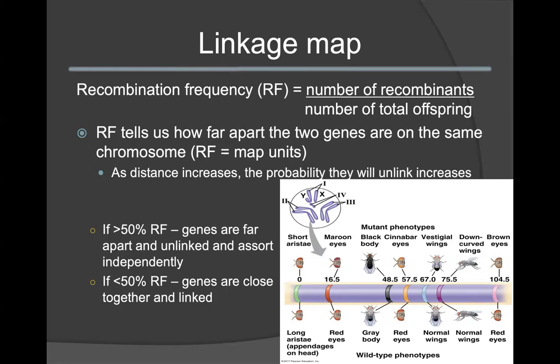However, if you were to be looking at, say, the short aristae trait, and be looking at it with vestigial versus normal wings, we would see that those genes are in fact 67 map units apart.